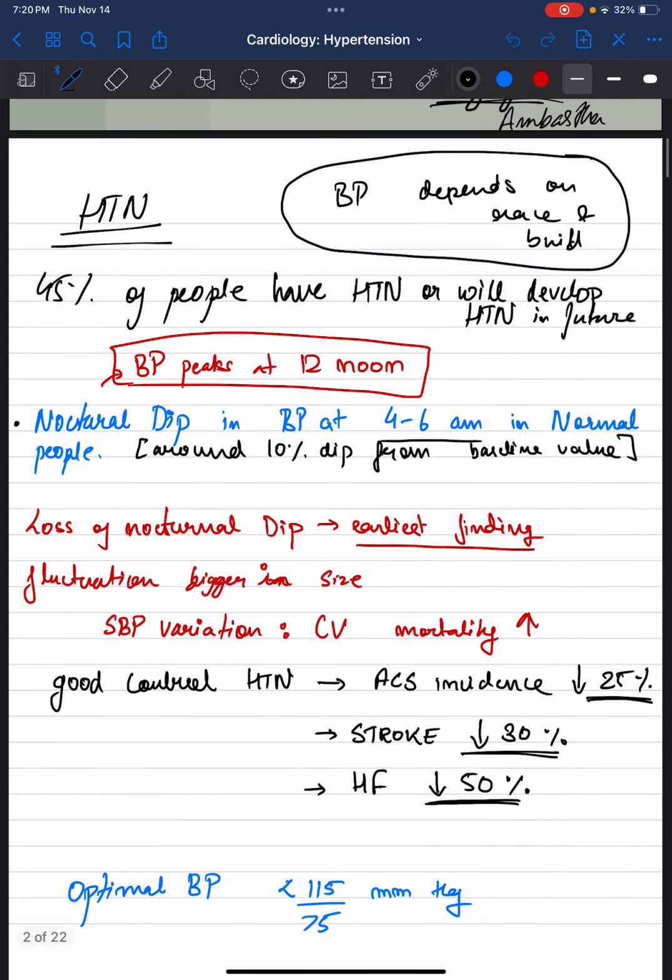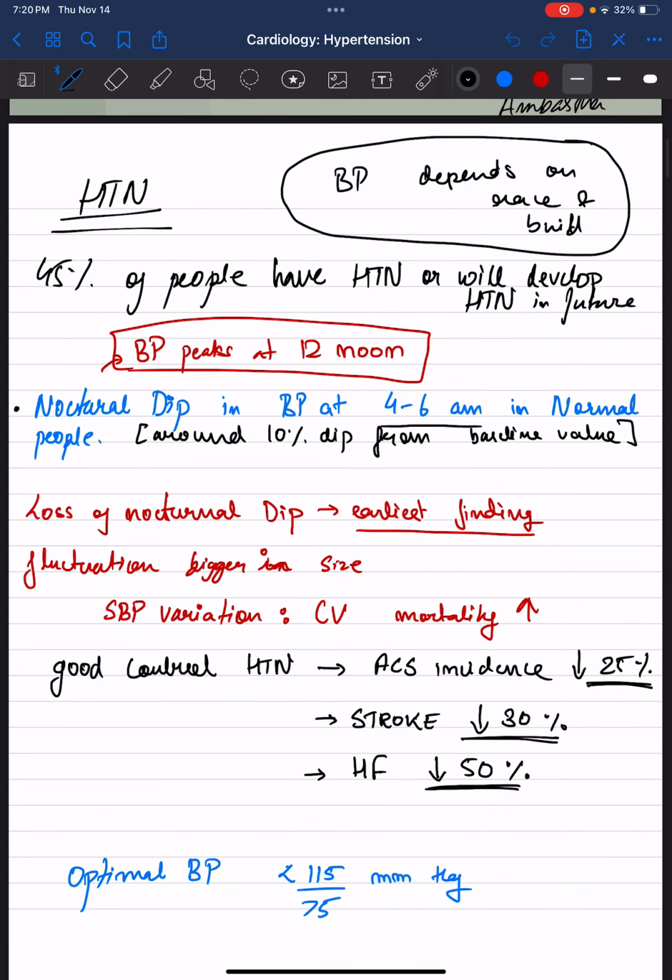So in hypertension, we can first say blood pressure of a person depends on the race and the build of the person. Different races and different builds of people will have different BP levels.